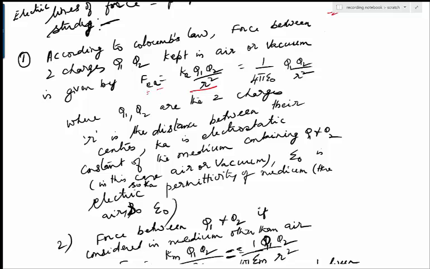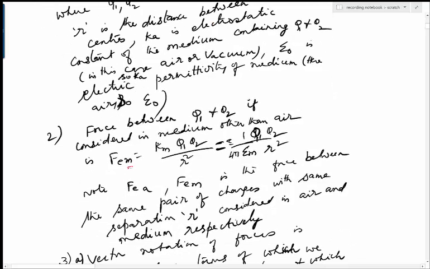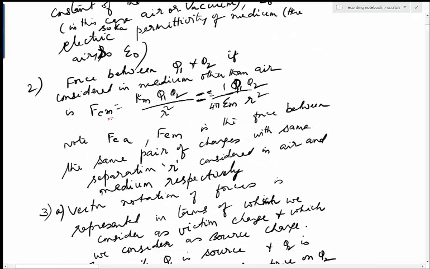Now, the force between Q1 and Q2, if considered in a medium other than air, will be F_EM, M standing for the medium, equal to Km into Q1 Q2 by R squared, which is equal to 1 by 4 pi epsilon M into Q1 Q2 by R squared, where F_EA and F_EM are the force between the same pair of charges with the same separation considered in air first and then in the medium respectively.